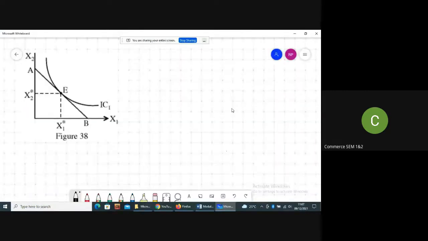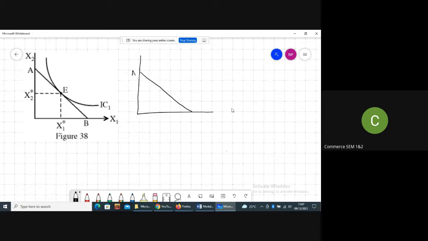So for example, if this is a budget line AB, and we have two commodities X1 and X2.